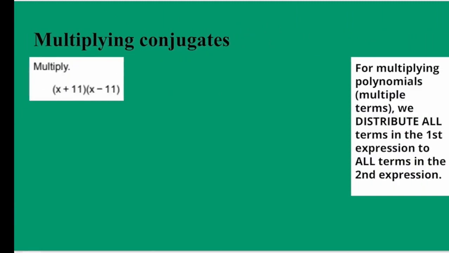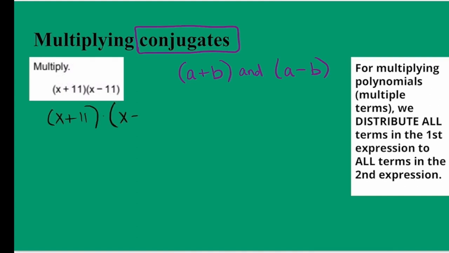So now we'll talk about a special case, conjugates. Two conjugates look like this, a plus b and a minus b. So pretty much they have the same terms, but one's positive and one's negative. This is that case. X plus 11 times x minus 11. It doesn't matter which method you use to multiply, we're still going to distribute.